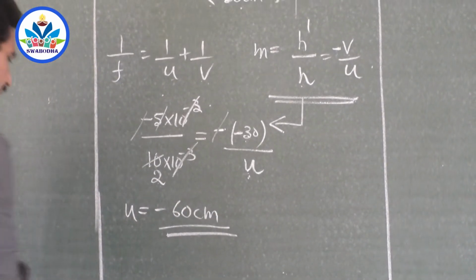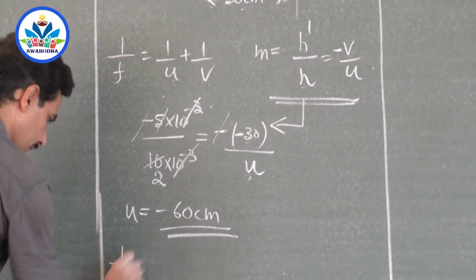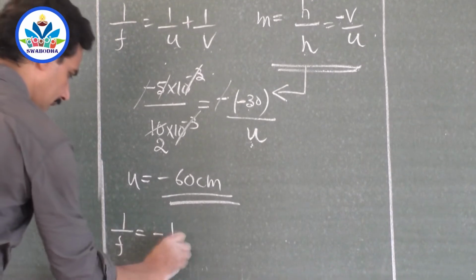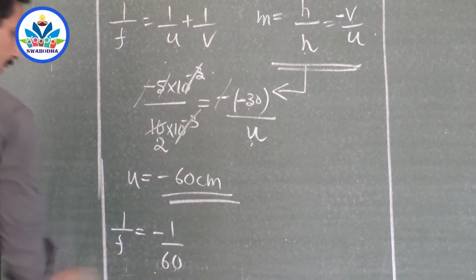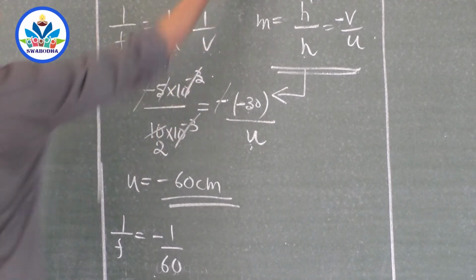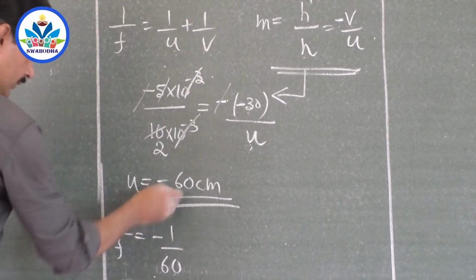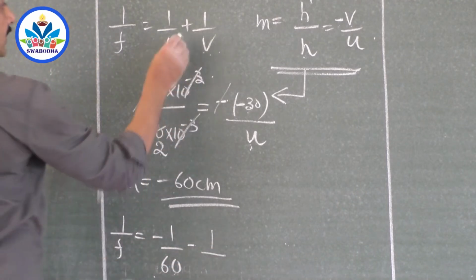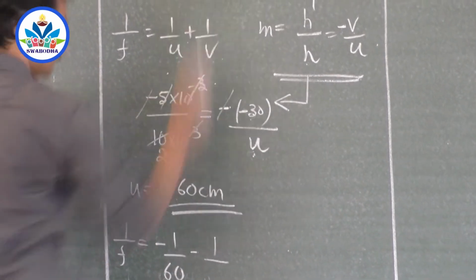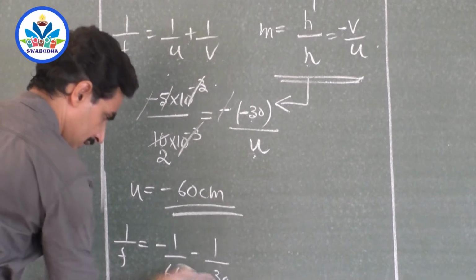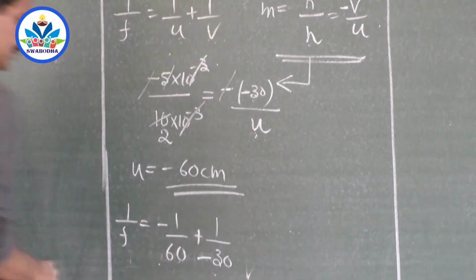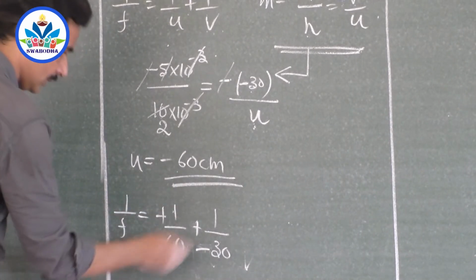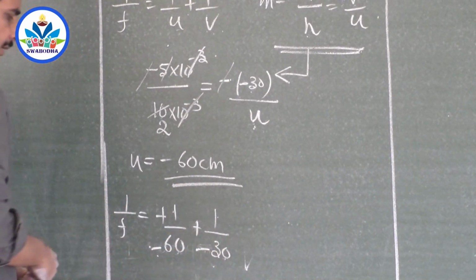So what is f? 1 by f is equal to 1 by u plus 1 by v. 1 by minus 60, of course the formula contains plus, but u is on this side, so minus 60, plus 1 by v, v is minus 30. In order to avoid confusion, I'll do it like this: 1 by minus 60 plus 1 by minus 30.